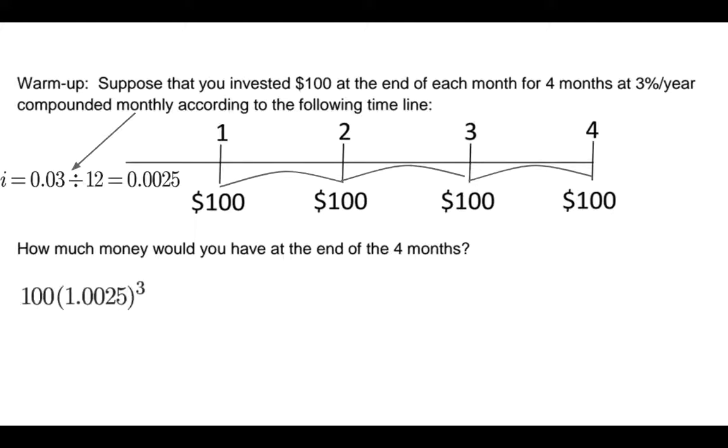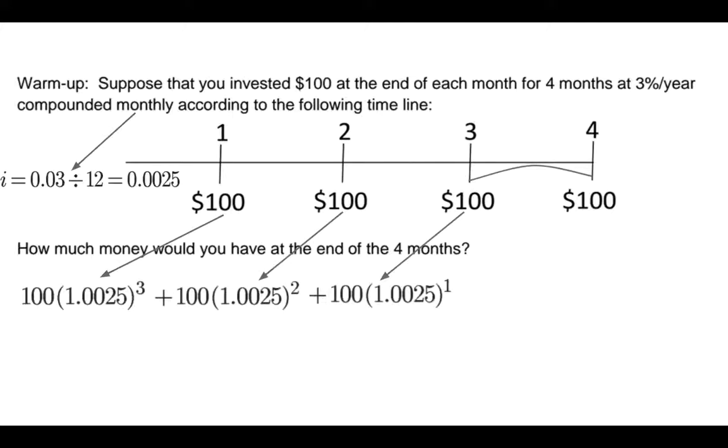Consider the 100 in there for 3 months. So it's 1.0025, growing by that factor 3 times. The second one's only in there for 2 months. The second last one's in there for 1 month. And the last one actually just got there. It's only $100. And if you add those up, that's actually how much money you would have.